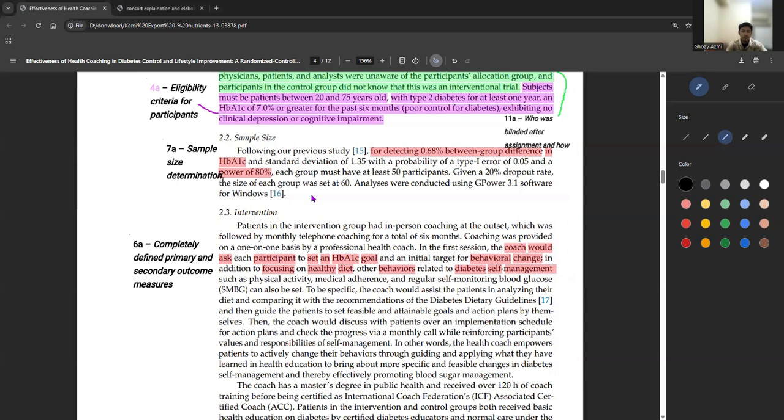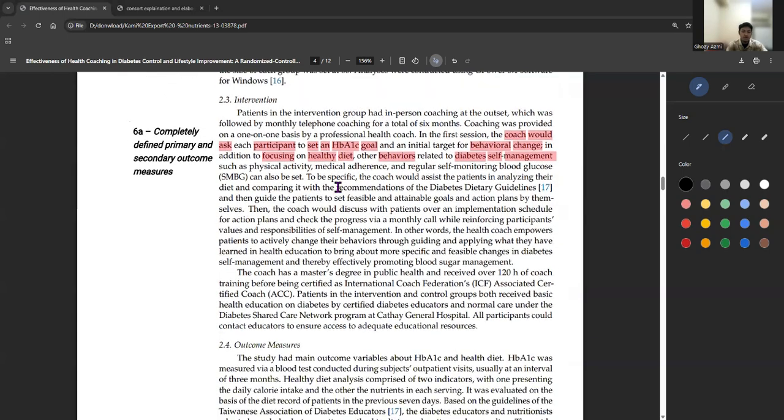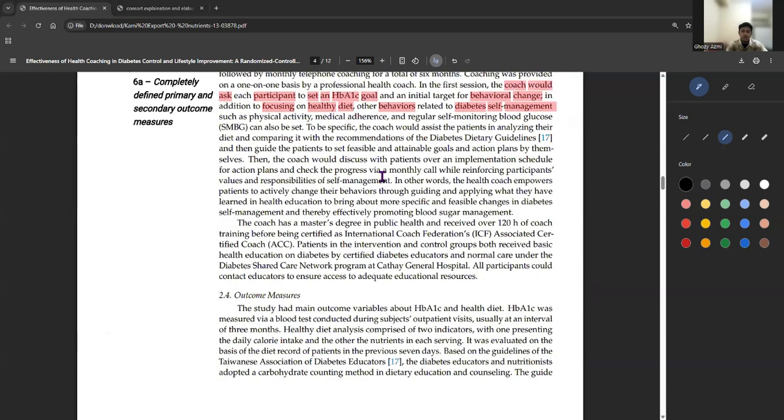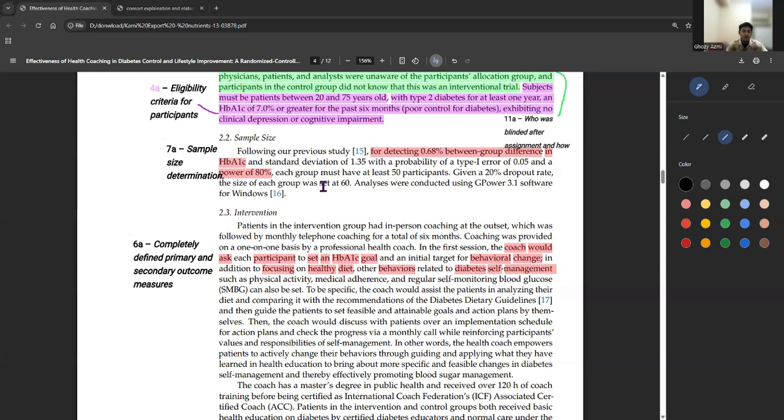Then we move to 6B. Changes in outcome must be reported. In this article, the authors said that there was no change in this study.